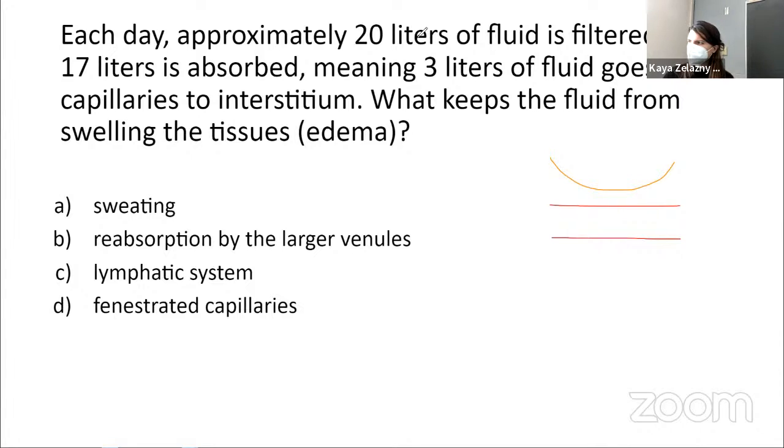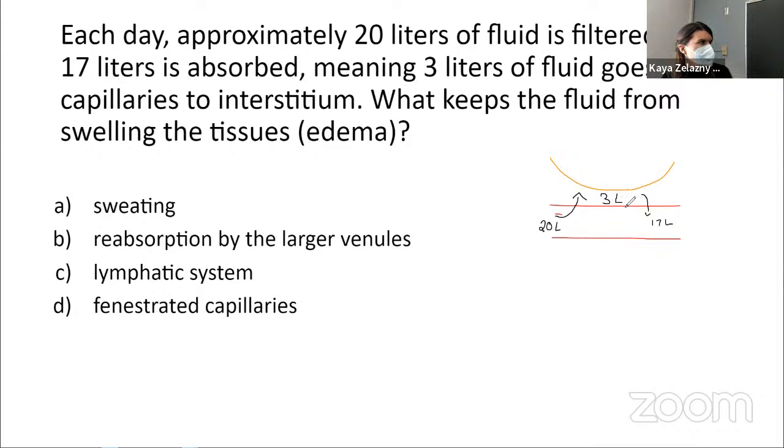So what we're saying here, right, is it is true that we have 20 liters filtered out of the blood, right? So we'd calculate our NFP, and when we apply that to what happens to the body in the day, we get 20 liters filtered out, calculate it on the other end, on the venous end, over a day. We have 17 liters absorbed.